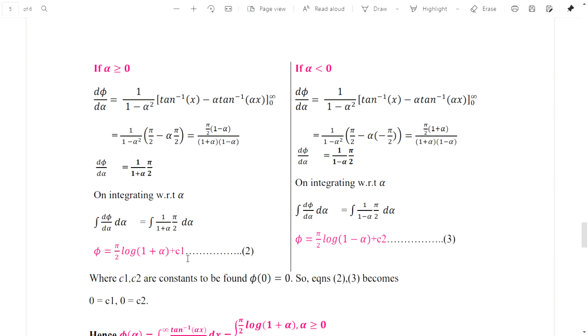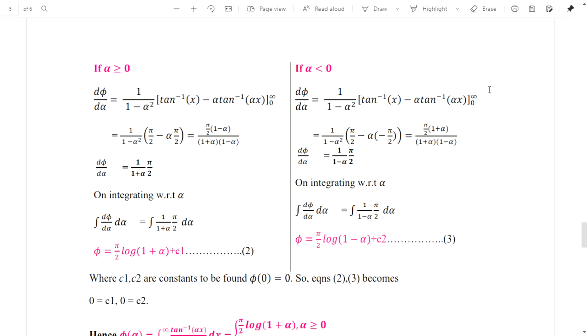Next, in the same way, if alpha is less than 0, the same steps we will get here, but 1 by 1 minus alpha squared into tan inverse of infinity is pi by 2, minus alpha into tan inverse of minus infinity, because alpha is less than 0, right? So when alpha is less than 0, it will become tan inverse of minus infinity by applying the upper limit.